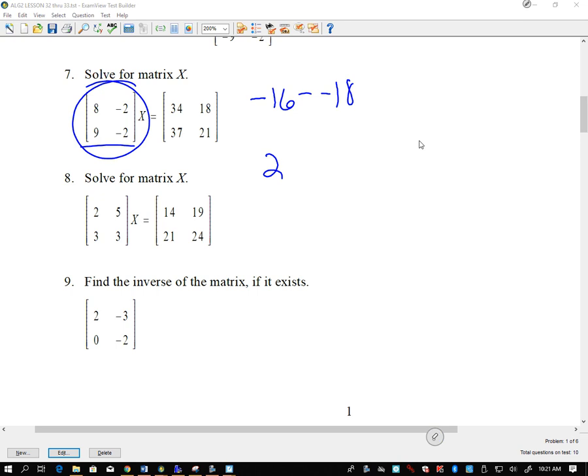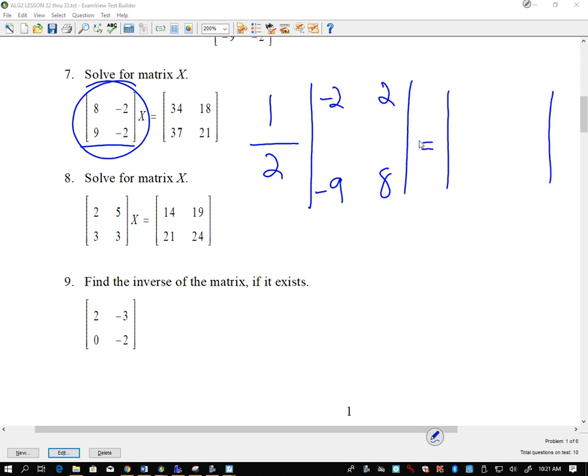Okay. So we are going to multiply, okay, and we should be getting negative 2, 8, negative 9, 2. Is that right? Because we need to get our inverse first. Okay? So we're going to multiply each of these things by 1/2.